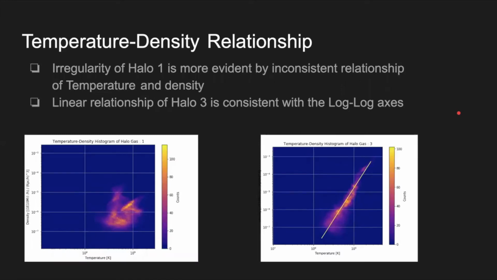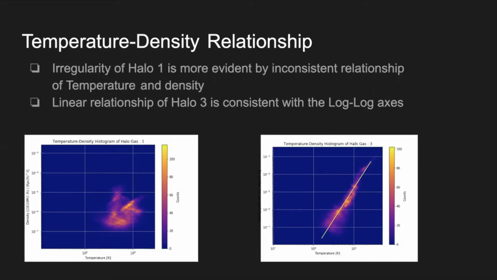To get a little bit more insight on how temperature and density are related, I plotted them together. As you can see, Halo 1 has a very inconsistent relationship between temperature and density. It looks just like a scatter plot, like a blob. Whereas Halo 3 has a fairly linear relationship, actually.